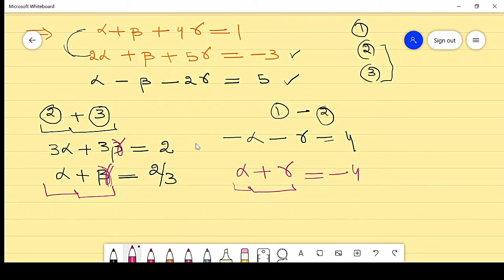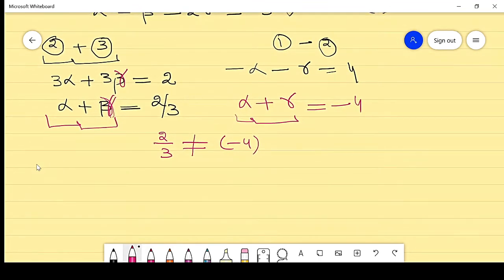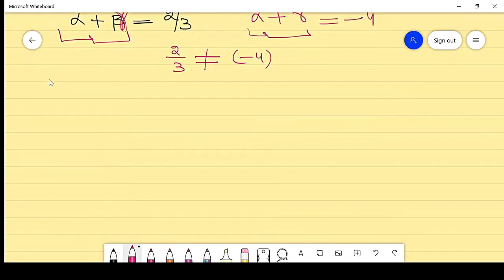So clearly they are not equal. It means 2 by 3 is not equal to minus 4. It means these equations are not solvable. If these equations are not solvable, then our assumption is not true.